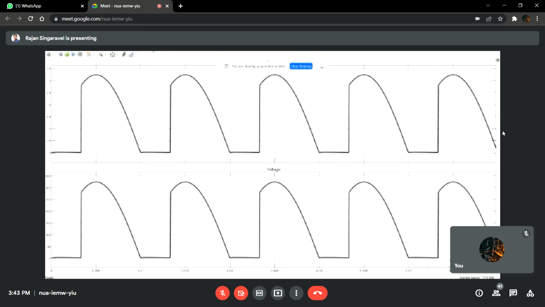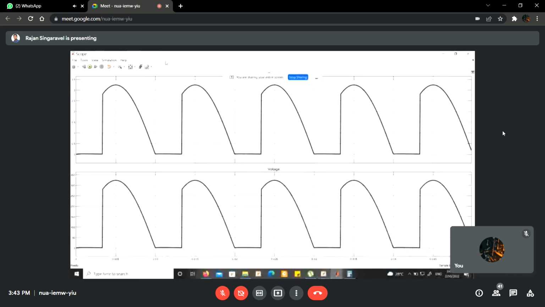This is the voltage and the current pattern for full converter with the R load, and the same voltage and current pattern you can observe in the semi-converter with the R load condition. There is no change, right?